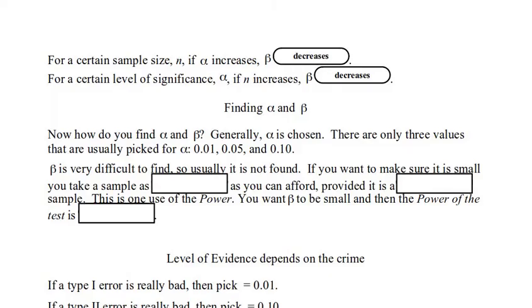Beta is very difficult to find, so usually it is not found. In fact, I will not be asking you to find beta. If you want to make sure that beta is small, you take a sample as large as you can afford, assuming that it is a representative sample. So that's one use of power. You want beta to be small, so then the power of the test is large.